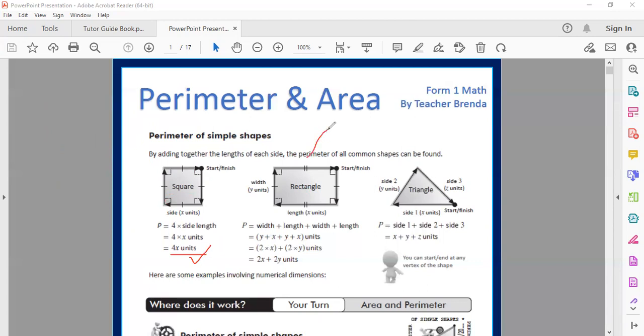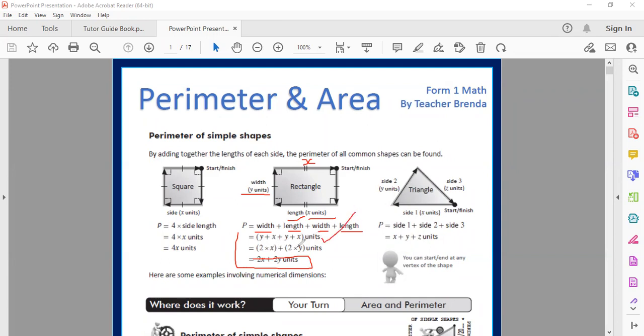How about a rectangle? Now again, at Form 1, they don't give you numbers. They give you algebra. For example, length is x. So this is also x. And then the width is y. So they ask you to find or create the rumus, the formula. So look at this. The width plus the length plus the width plus the length. So it's y plus x plus y plus x. Got it?